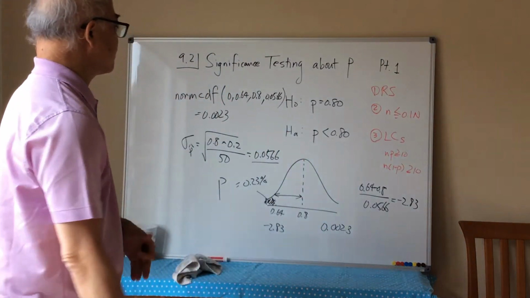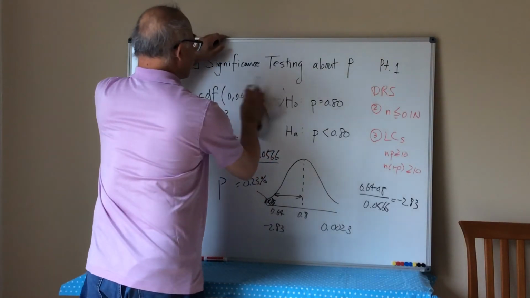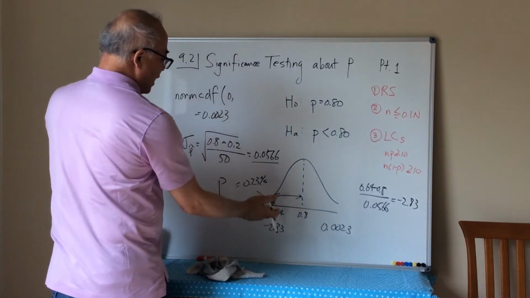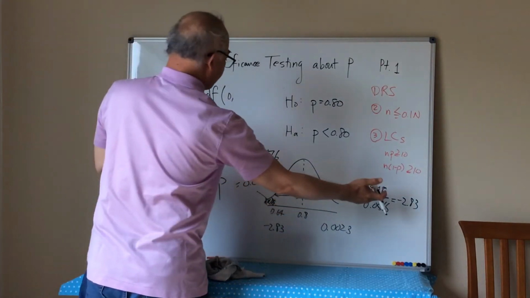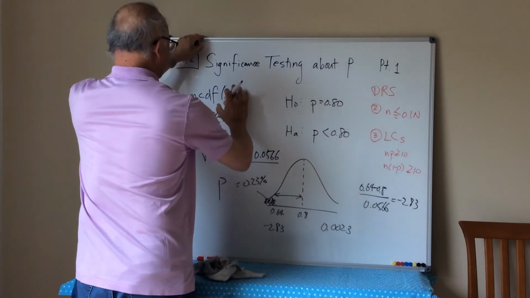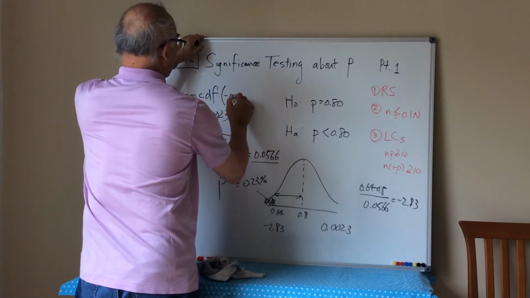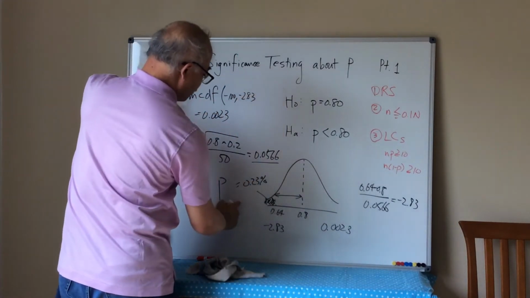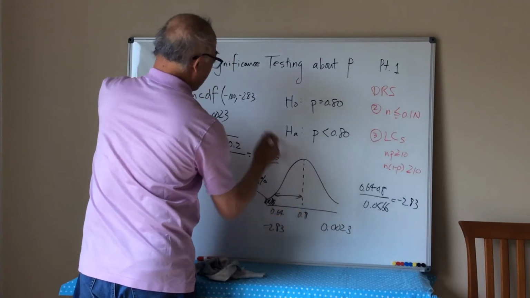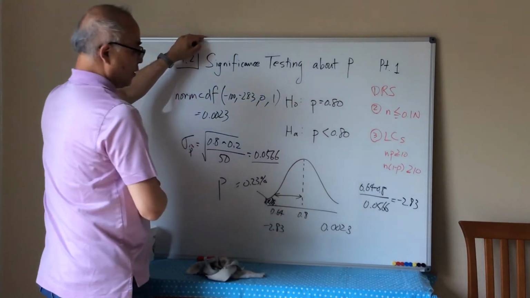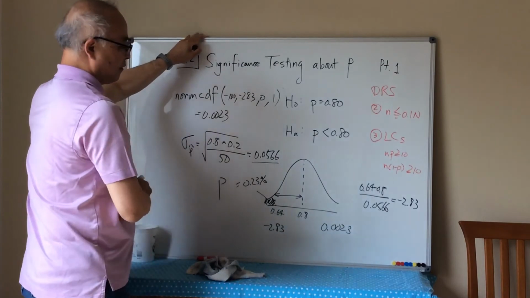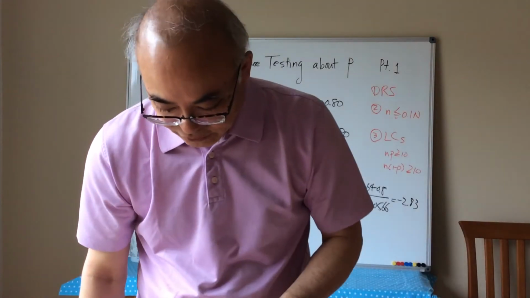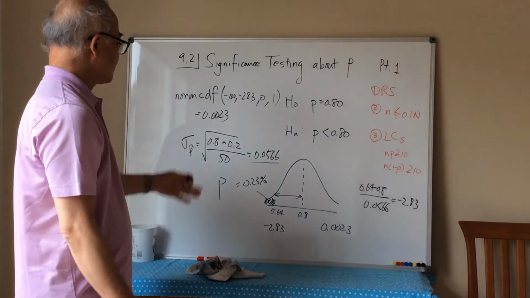No, this is standardized, I'm sorry. Their book is doing the standardized. So if you do the standardized, we go from negative 100 to negative 2.83. Now this is standardized, so the mean would be 0 and the standard deviation would be 1. If you do that, you get the same answer. You'll have to know the standardization step to do that. So that's how you go about doing that.